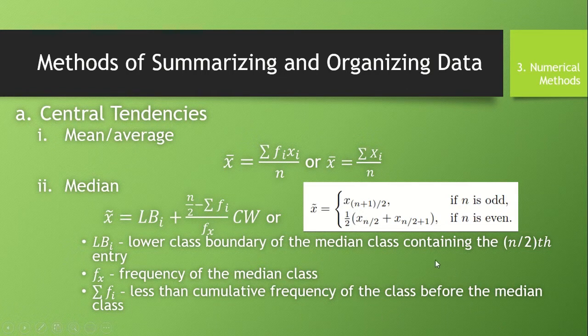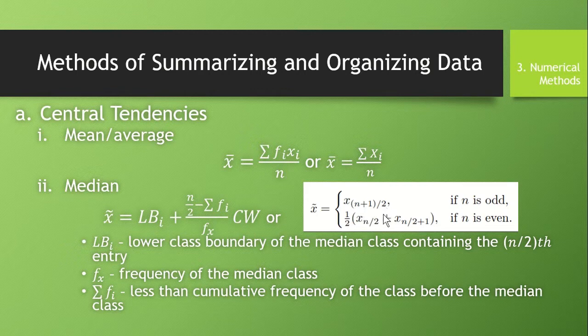For ungrouped data, there are two conditions. If n, or the sample size, is odd, I will have to get n plus 1 over 2.